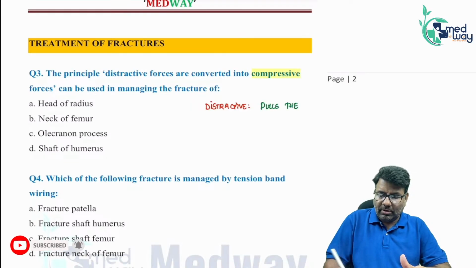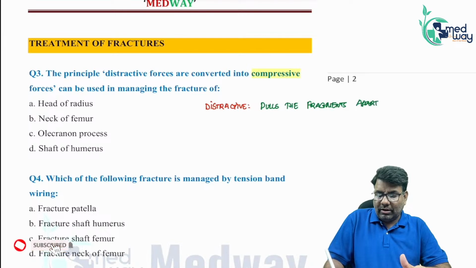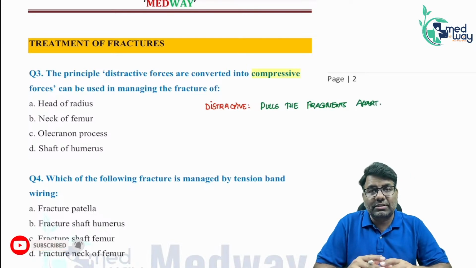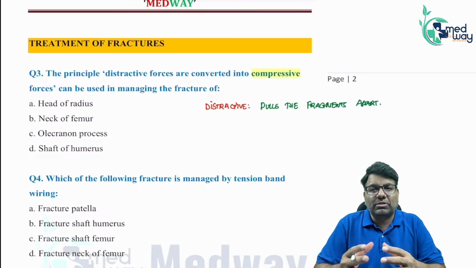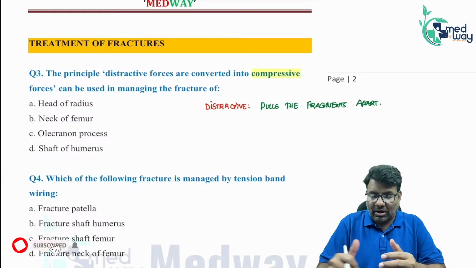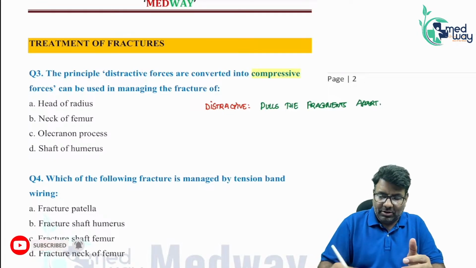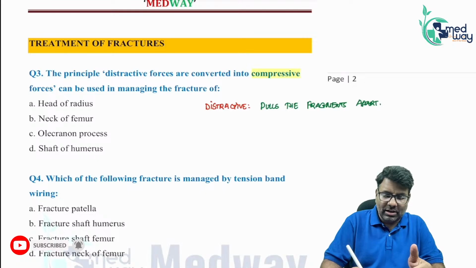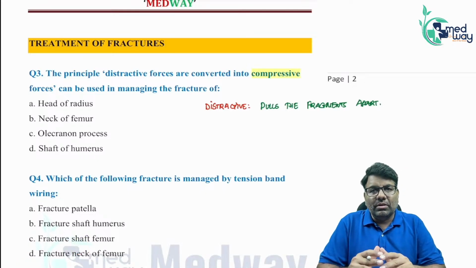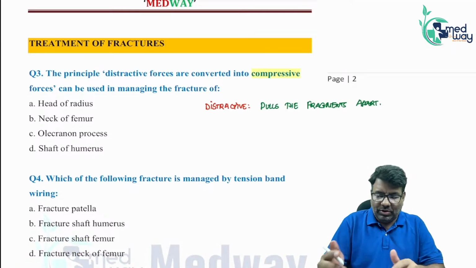And we know that if there is distraction of the fracture site, the fracture will never unite. The fracture fragments have to be in close contact, then only the fracture will unite. So destructive forces tend to minimize the chances of union.